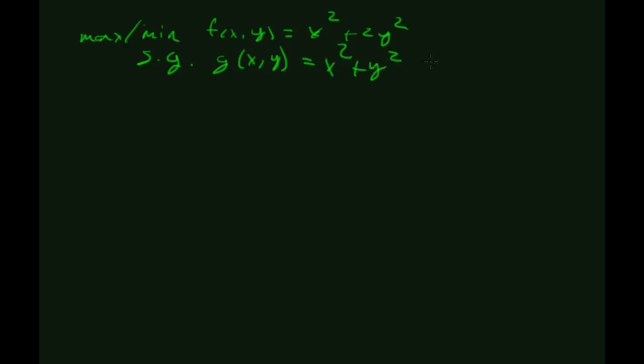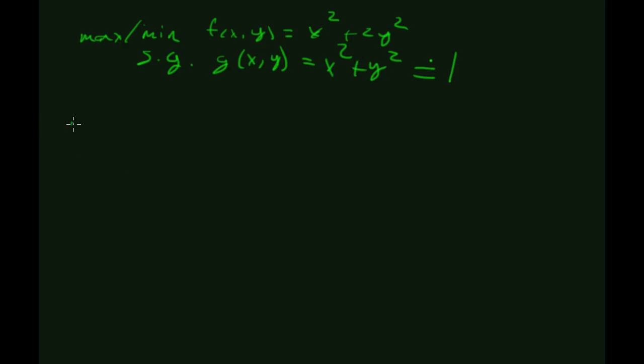I'm going to max or min f of x, y equal to, or sorry, that's not correct, it's just x squared plus 2y squared, subject to g of x, y being x squared plus y squared is strictly equal to 1. Okay, so I'm going to maximize that on this boundary.